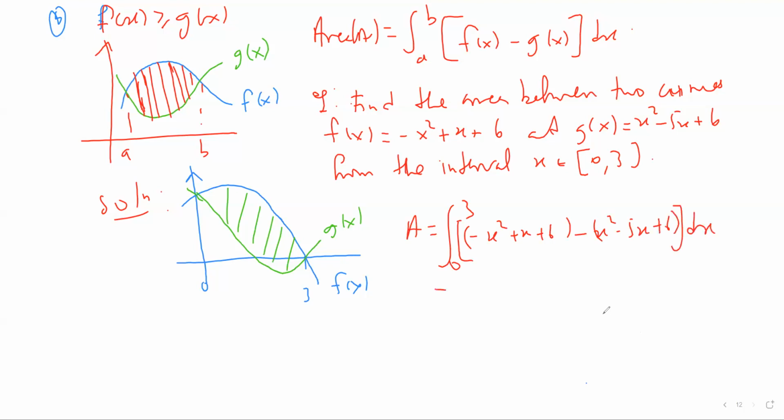ds. So now 0 to 3, and you have minus s squared plus s plus 6 minus s squared plus 5s minus 6 ds.